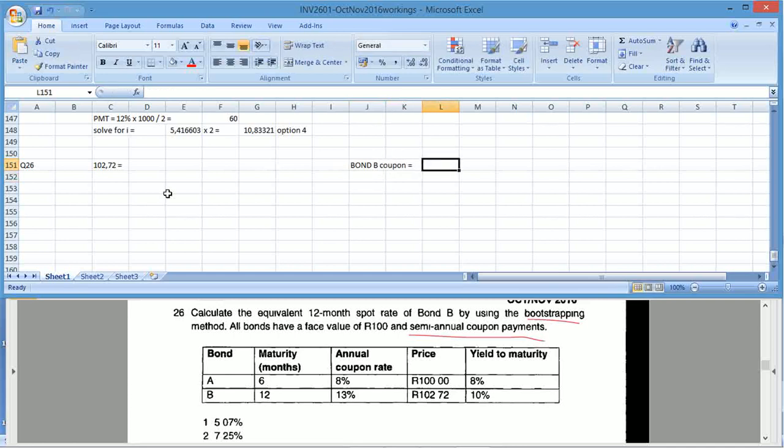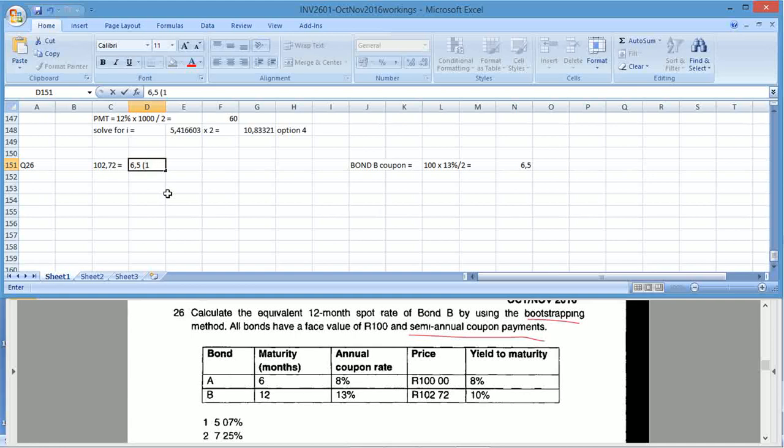Bond B's coupon would be its face value, which is 100, times its coupon rate of 13% divided by 2. That gives you the semi-annual coupon: 6.5. If I'm discounting future bond prices back in time, the first coupon would have to be discounted back in time.